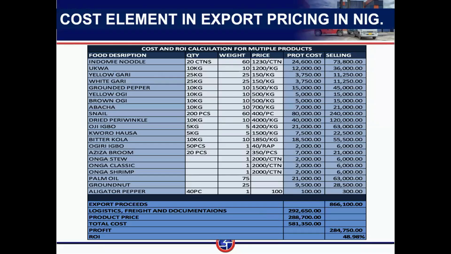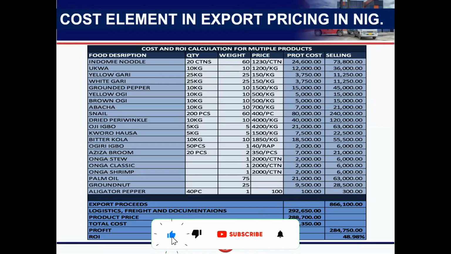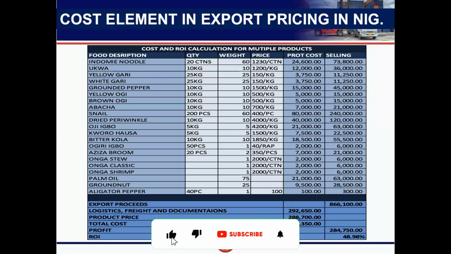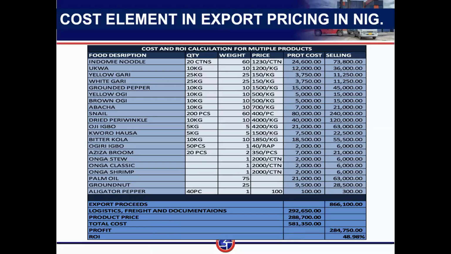Now, sometimes some people say, oh, this particular shipment was an order, and we have to come up with a particular pricing model for individuals. Sometimes you have, look at this product now. This buyer requested Indomie, ukwa, yellow gari, white gari, ground pepper, yellow ogi, brown ogi, abacha, snail, periwinkle, ojibo, kora osa, bitter cola, aziza, onga, so many things together.